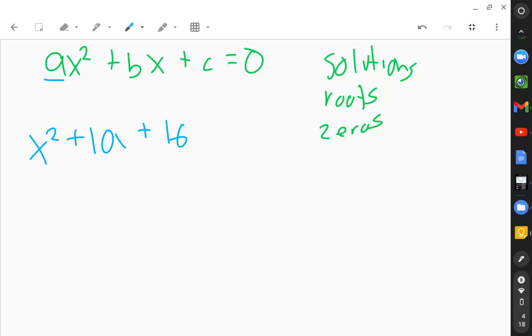Here, I'm just going to write that imaginary number 1 in, and I'm going to multiply those two numbers, a and c. So 1 times 16 is 16. So think about what numbers multiply to 16 that add up to our b value of 10.